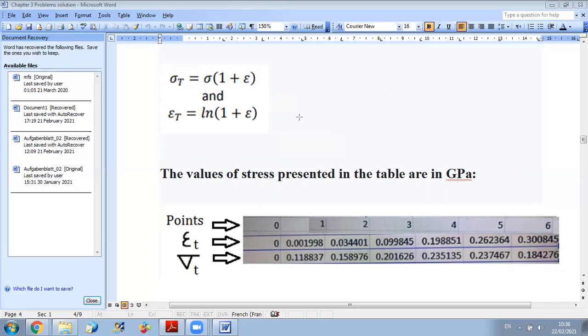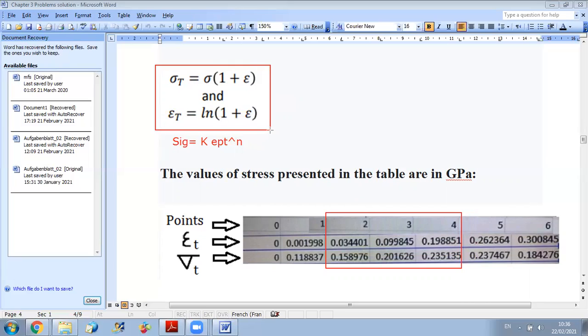So as we said, the 3 points of interest are points 2, 3, and 4. So I can calculate the value of epsilon true and sigma true for these points by simply using the relation between engineering and true values, because we have already calculated in a table the engineering values for the different points. So now you will use the following relations which we demonstrated in the previous problem.